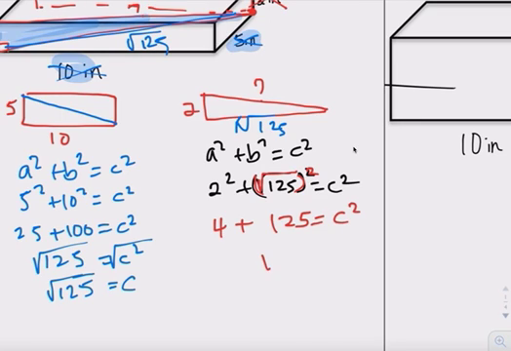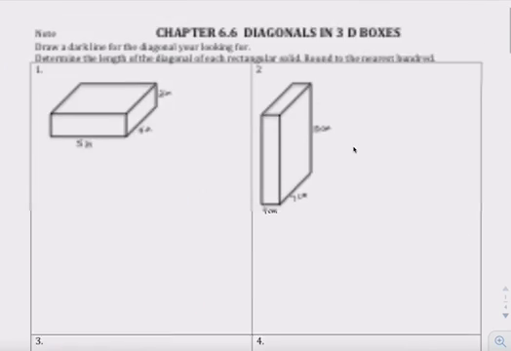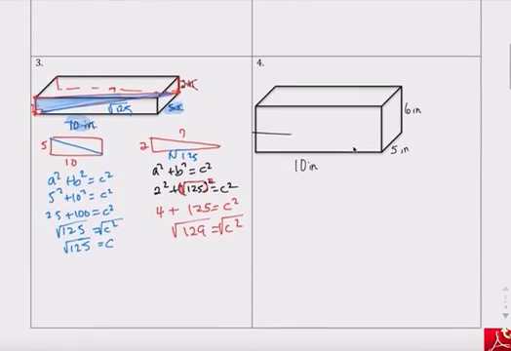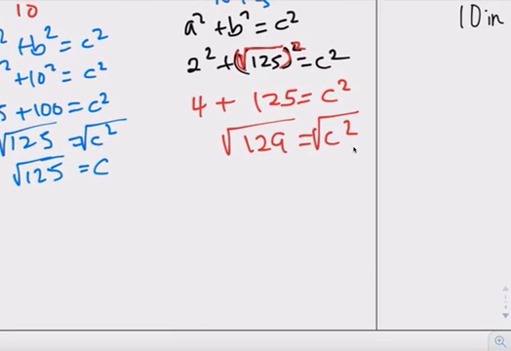So 129 equals c squared. Now we take it and round to the nearest tenth. Or does it say nearest tenth? Yeah, hundredth, round to the nearest hundredth. Ooh, I may have rounded number 1 wrong, you guys. Go back and check. I believe I did. The square root of 129 equals 11.357, which equals C, or 11.36 is C.